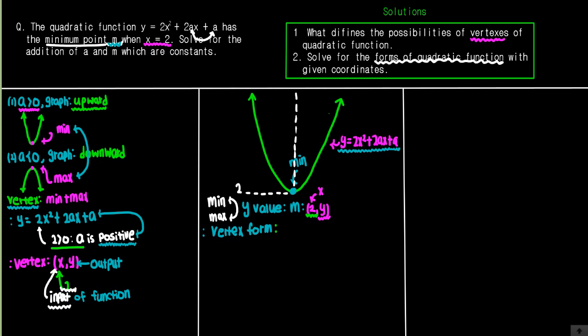The standard vertex form is y equals a times x minus p squared plus q. In the vertex form, a is the leading coefficient.